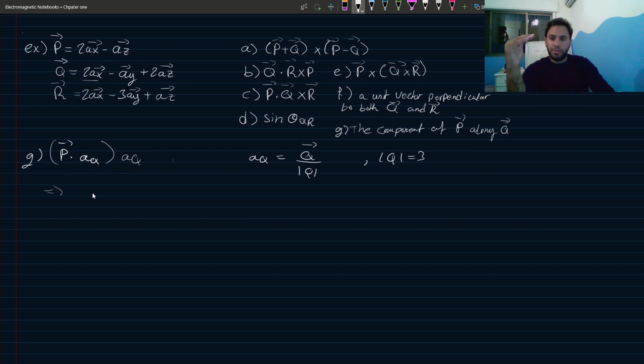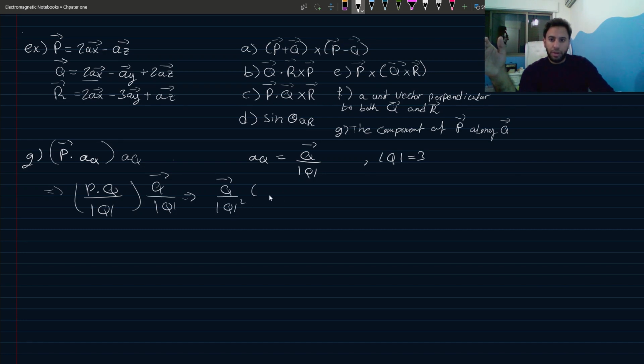So this becomes p dot q divided by the magnitude of q multiplied by q, the vector, divided by the magnitude of q. So this becomes q divided by the magnitude squared multiplied by p dot q.